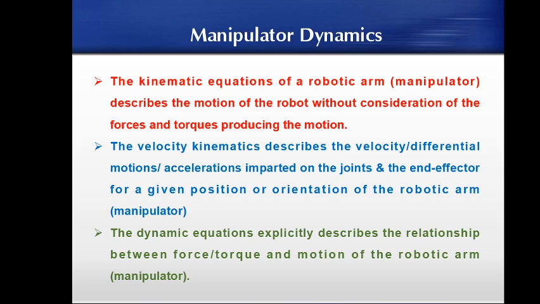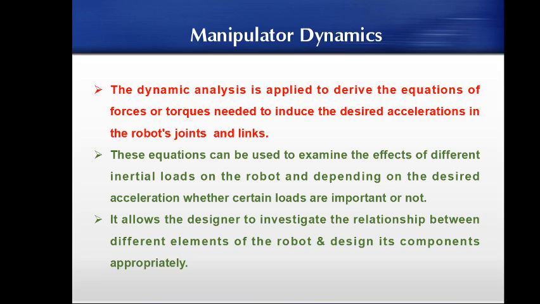Okay. So here we will be making use of the information with respect to the position and orientation which we have obtained from the kinematic equation, as well as the velocity information which we have obtained from the velocity kinematics. The dynamic analysis performed here is applied in order to derive the equations of force or torque needed to induce the desired accelerations in the robotic joints and links.